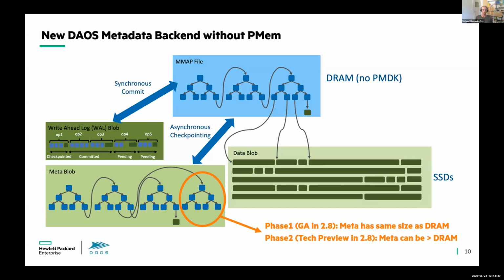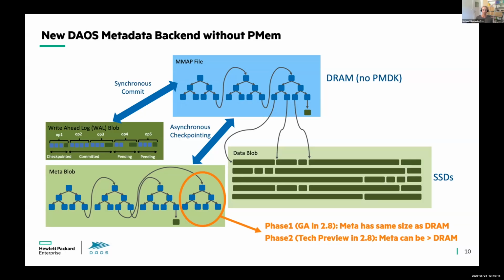What's circled in orange here is that the metadata blob is bigger. In terms of scale, the picture isn't really adequate, right? We are expecting that the meta blob is, of course, multiple times the size of the DRAM and not just 30% more.